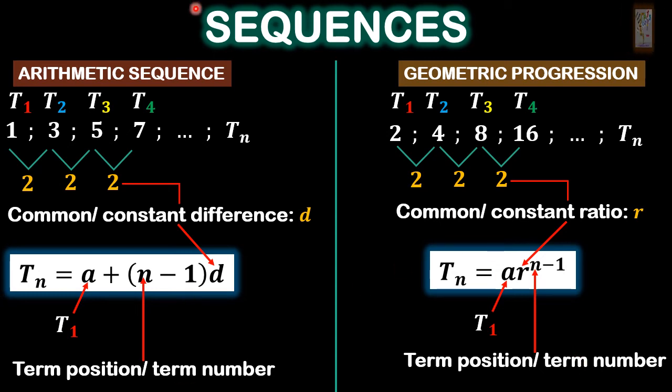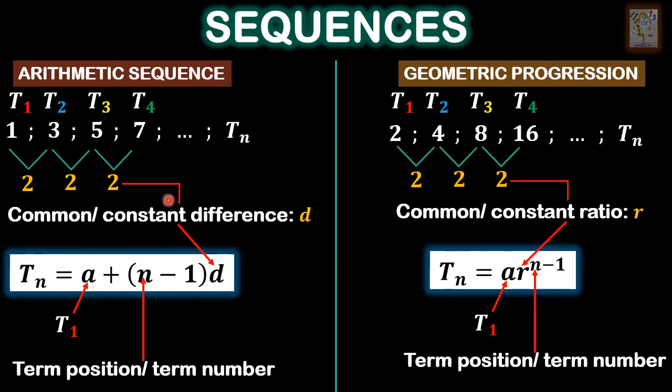So in general, you can see that there are differences, but there are also similarities. What is the same is that T1 is a in arithmetic sequence, and T1 is still a in geometric sequence. And n is the term position or term number in both.